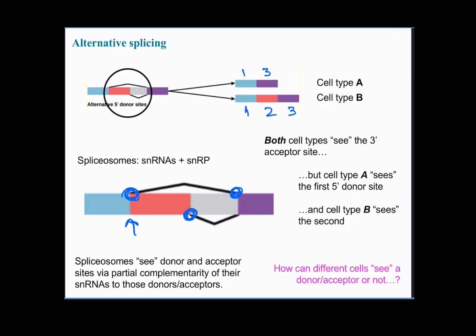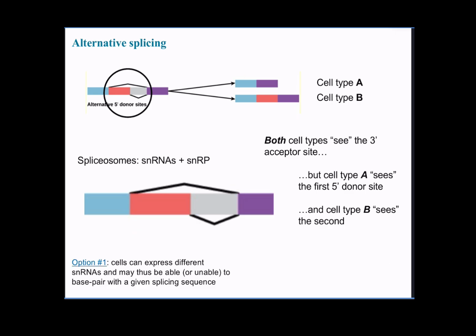So one major way in which a cell may not see a given donor sequence in this example is by not expressing the one snRNA that would allow them to see that donor site in a pre-mRNA. They express the other.